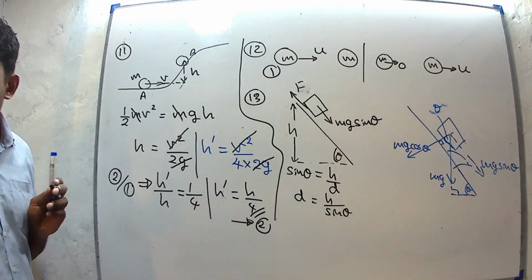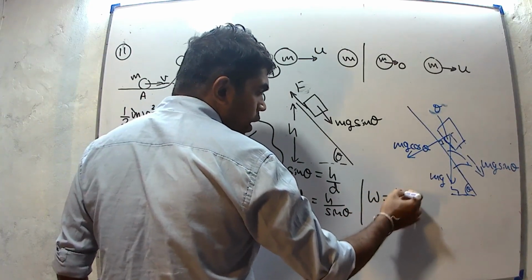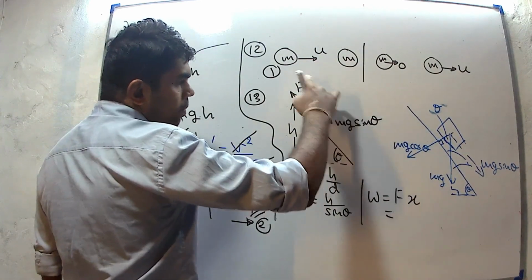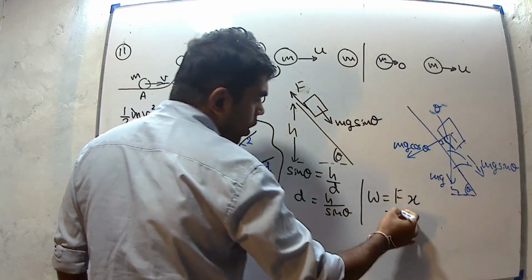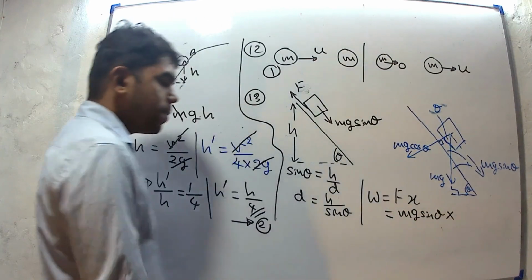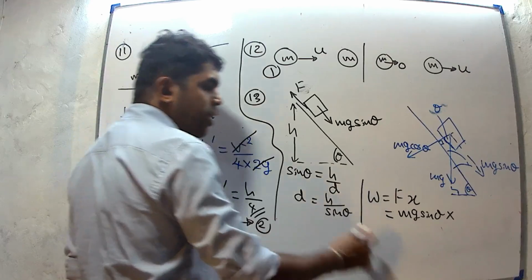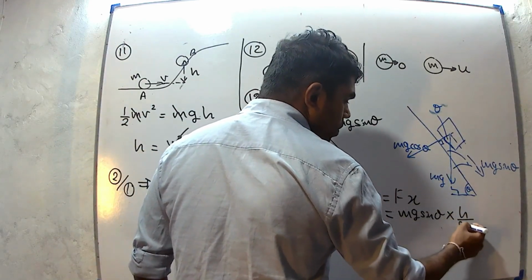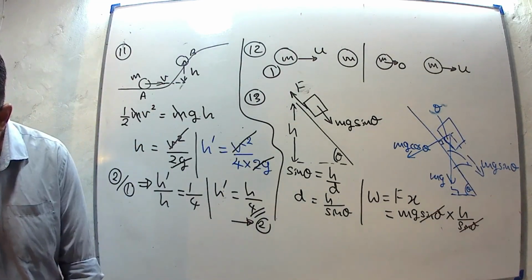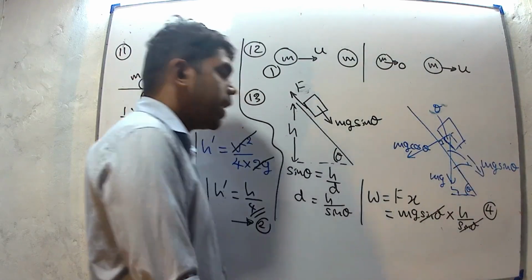Now, work done against friction is frictional force times distance. Frictional force is mg sin theta, equal to the weight component. mg sin theta multiplied by the displacement, h divided by sin theta. We can cancel out sin theta. Then the answer is mgh. The fourth one is the correct answer for this question.